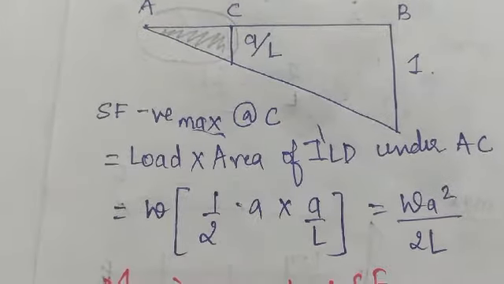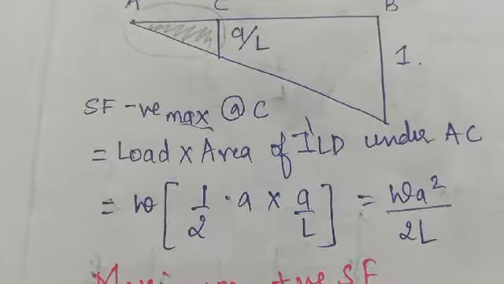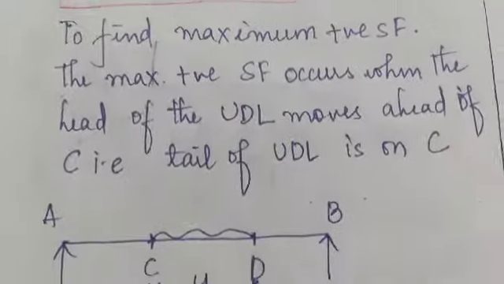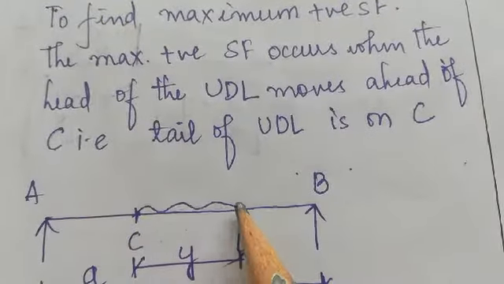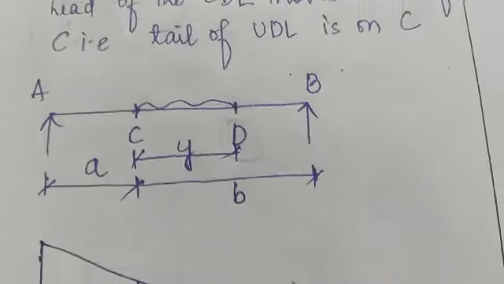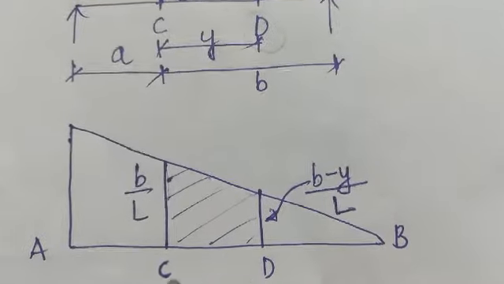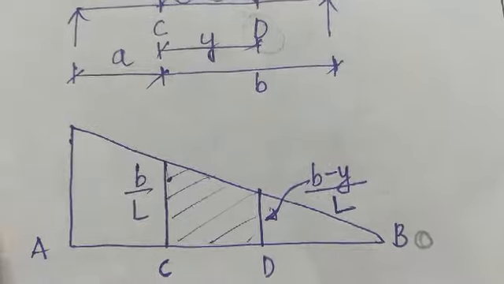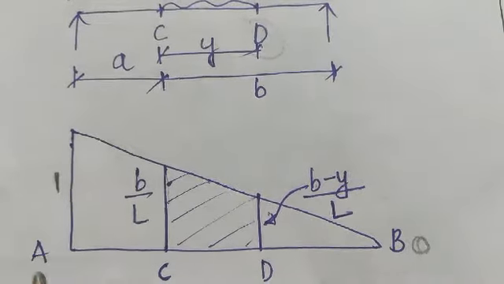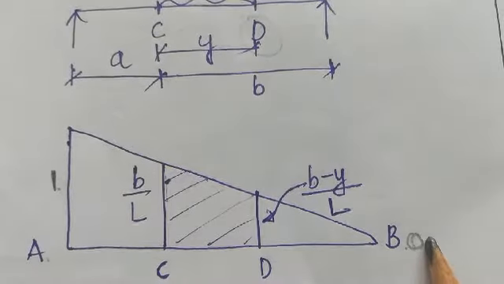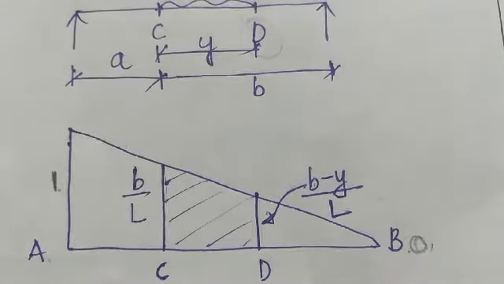Next I have to calculate the maximum positive shear force. The maximum positive shear force occurs when the head of the load is at D. Now let us draw the influence line diagram for positive shear force, that is nothing but our RA, where at A you are having the maximum ordinate as 1 and at B you will be having 0.